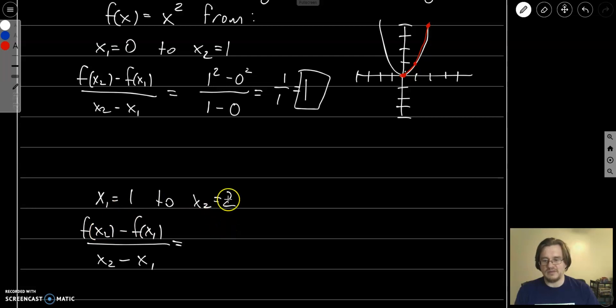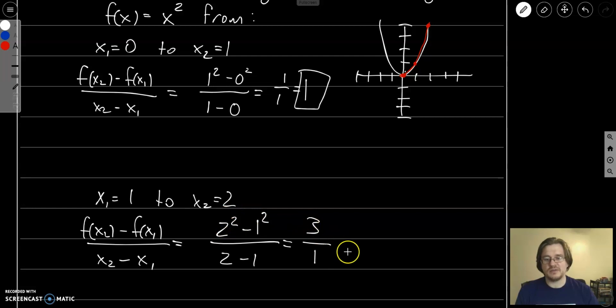When I plug in my values, I get 2 squared minus 1 squared over 2 minus 1. So as we go from 1 to 2, we've gone over 1 step, but the height of the function has gone from 1 to 4, so it's gone up 3. So the slope here, the average rate of change, is going to be 3. It's going up a lot faster.